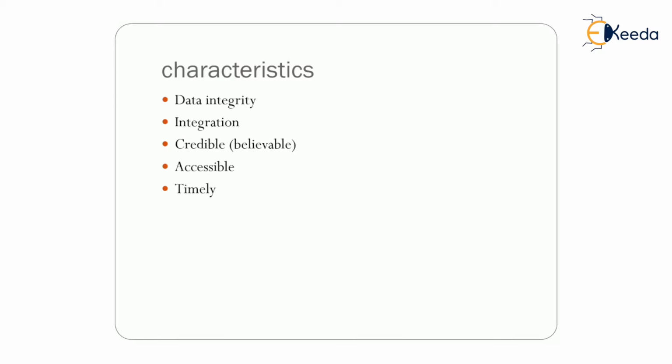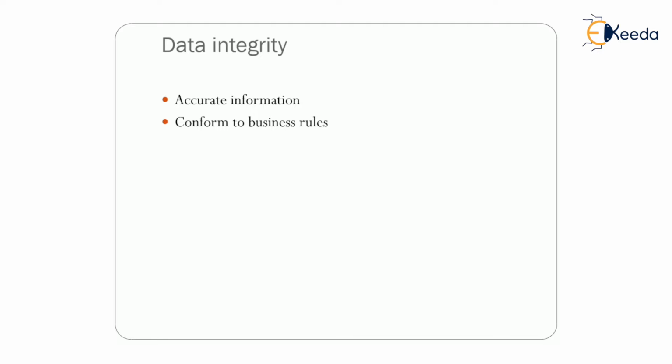Let's see the strategic information's characteristics: data integrity, integration, credible, accessible, and timely. These are the characteristics of strategic information. Let's see one by one. The first characteristic is data integrity.